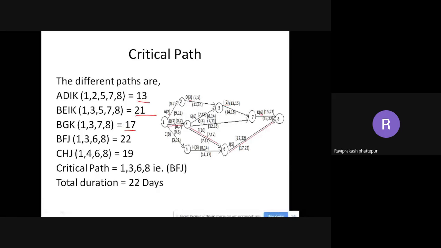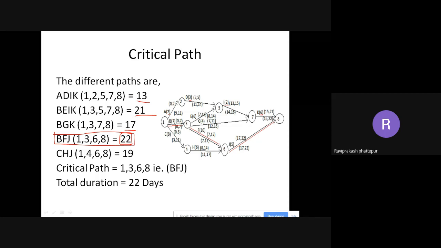Similarly, next one is BFJ. That is 1, 3, 6, 8, and the total duration is 22. This BFJ 1368 is your critical path, because the critical path always has the highest duration. We have 13, 21, 17, 22, and 19. Out of these, the highest is 22, so that will be the critical path.